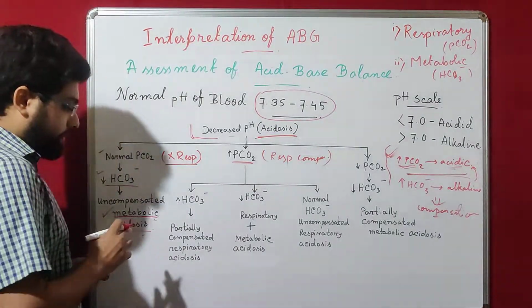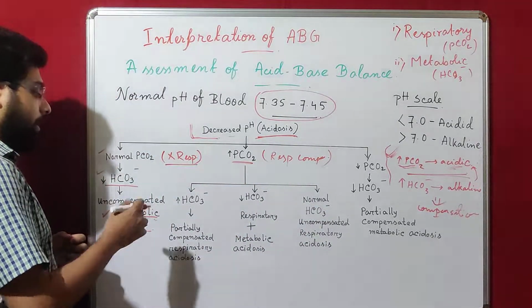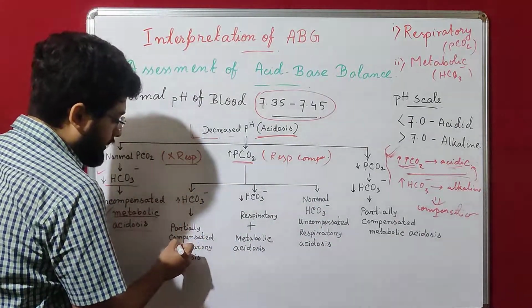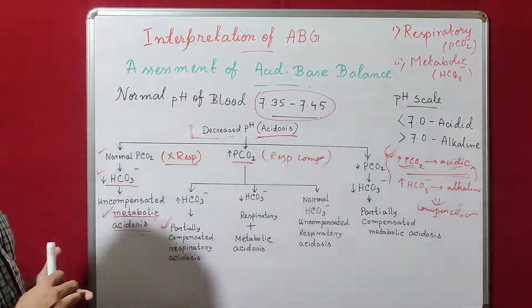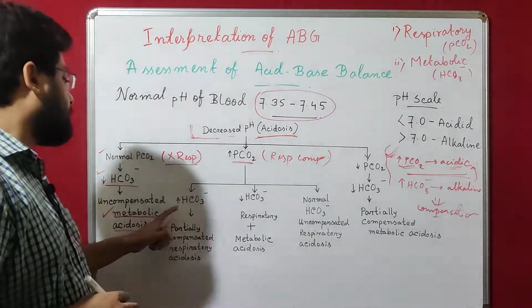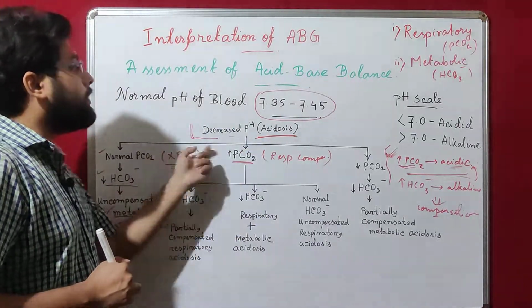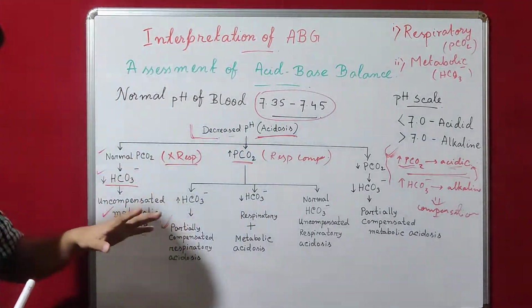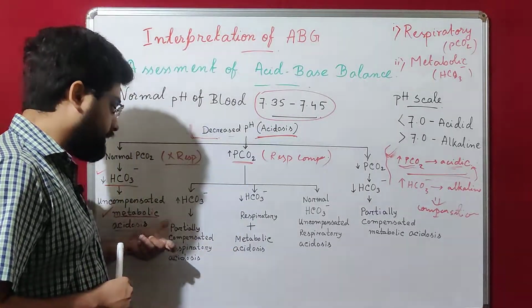So in that case, we will call that phenomenon partially compensated respiratory acidosis. Why partially? Because the body is trying to compensate, but is not able to fully compensate the scenario.